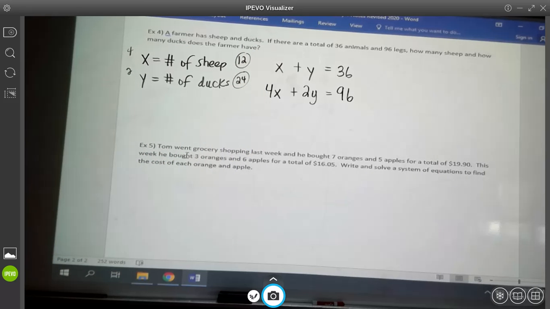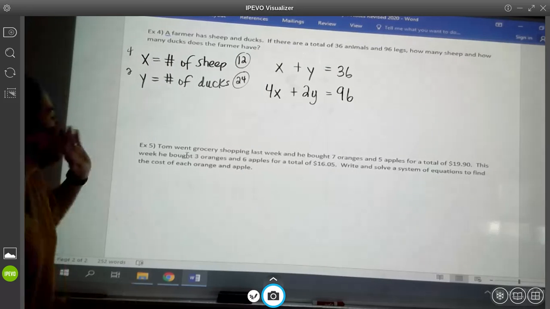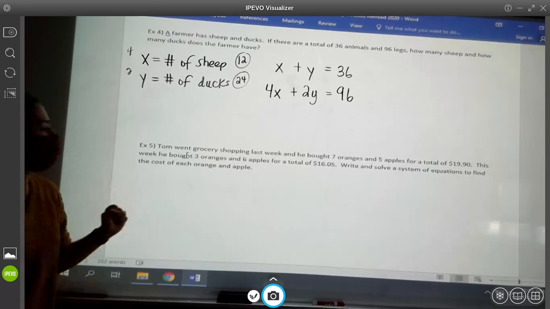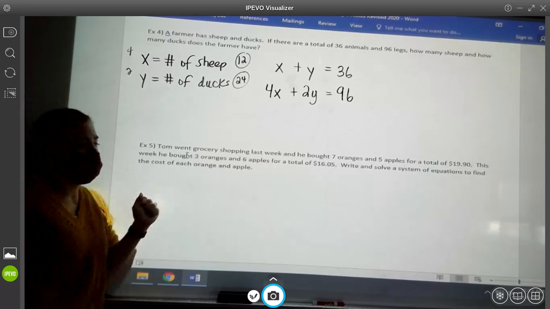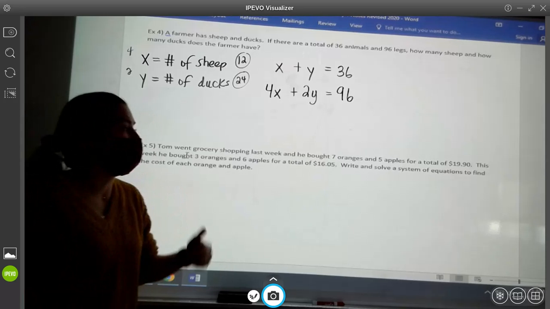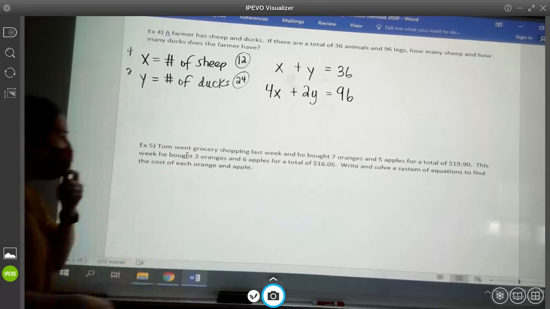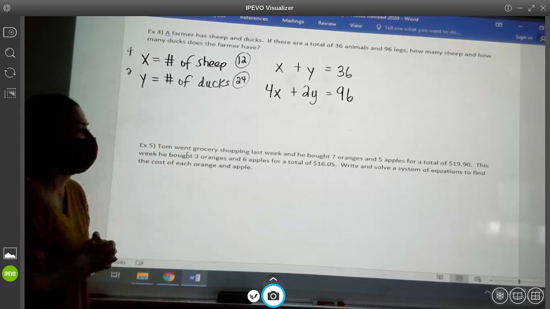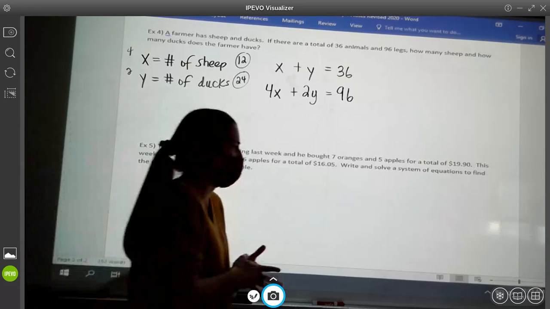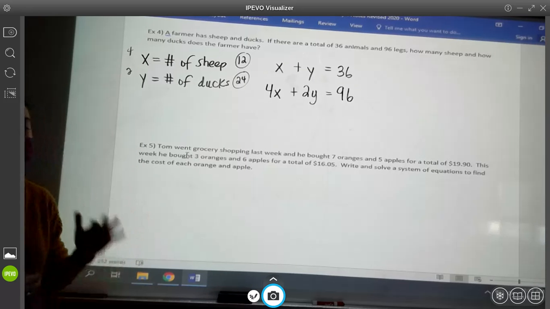All right, it says, Tom went grocery shopping last week, and he bought 7 oranges and 5 apples for a total of $19.90. This week, he bought 3 oranges and 6 apples for a total of $16.05. Write and solve a system of equations to find the cost of each orange and each apple. Guys, normally the problem will tell you the cost, and you have to find the number of oranges or the number of apples.